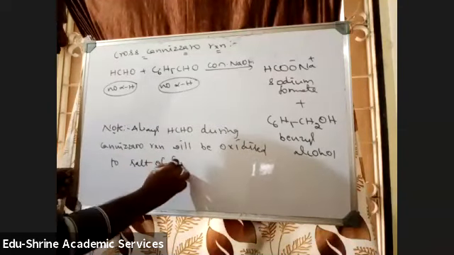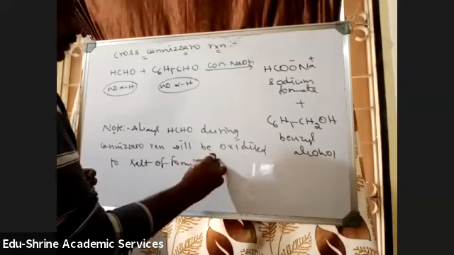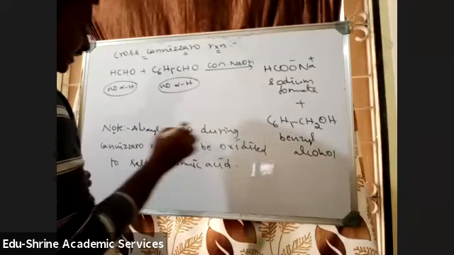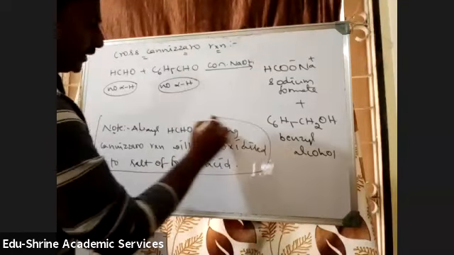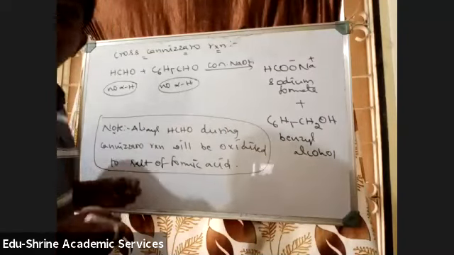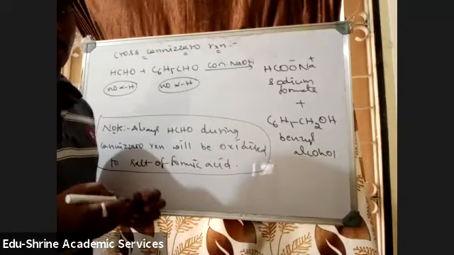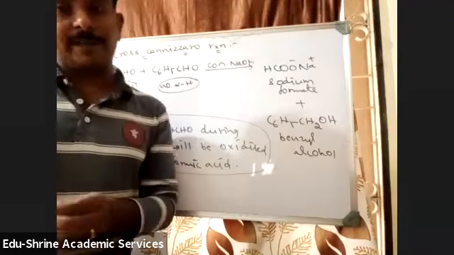If formic acid is present, it is always going to get oxidized to the salt of formic acid. The other molecule will undergo reduction.